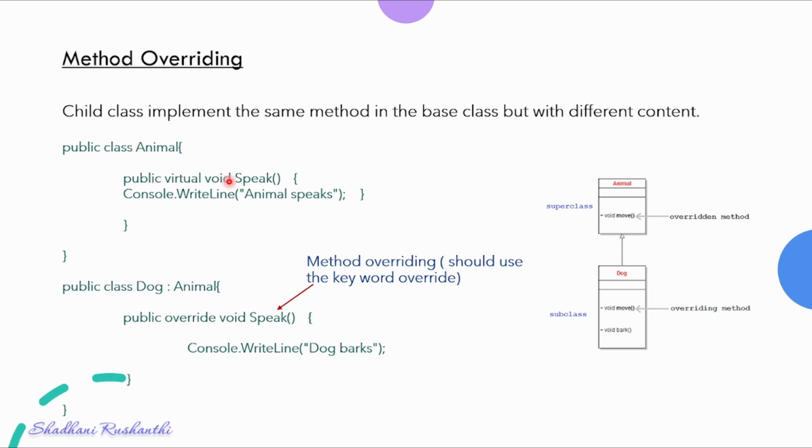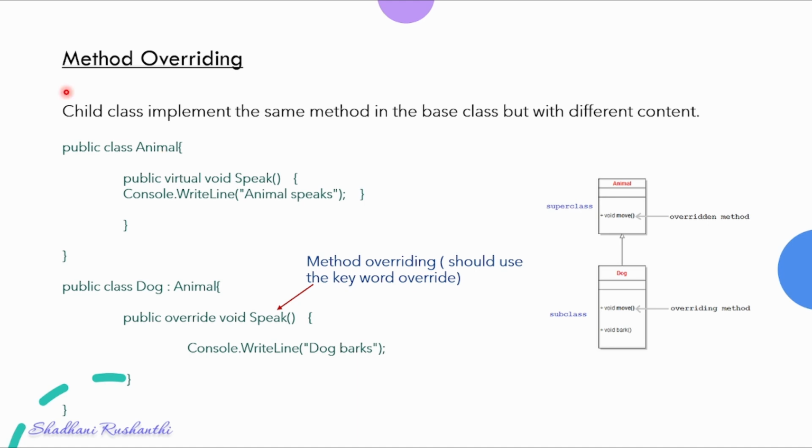In this animal class, there is a method called speak. Even so, you may want to add another method inside this child class with the same name, speak. In these cases, you can use the keyword override to declare a method with the same name which is already available in the parent class.